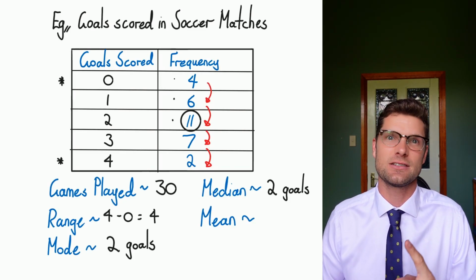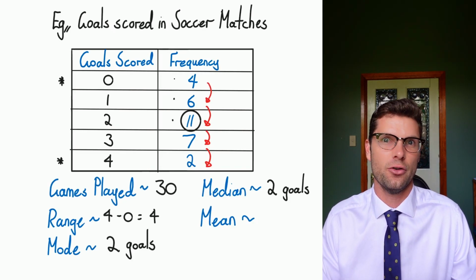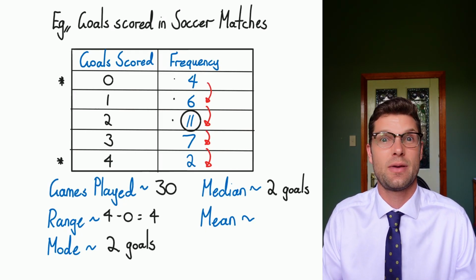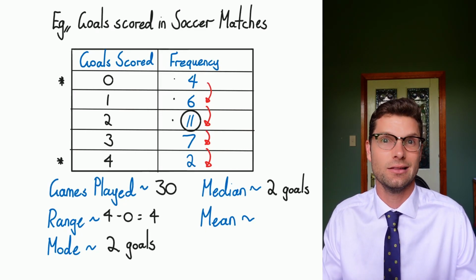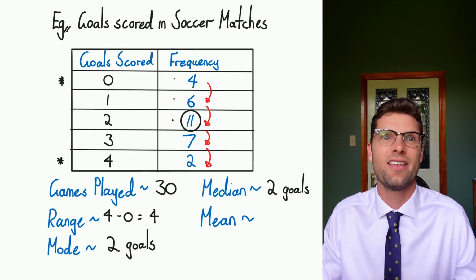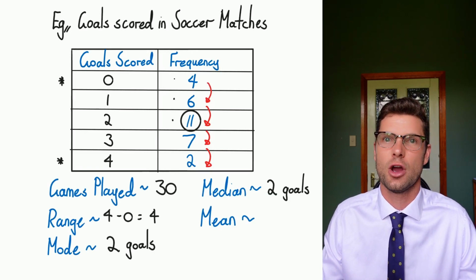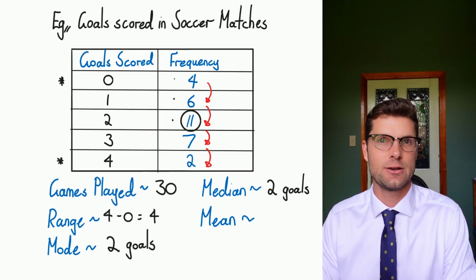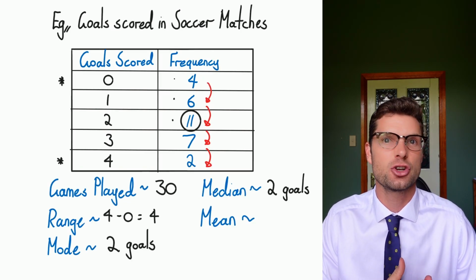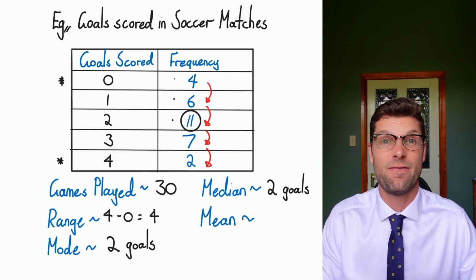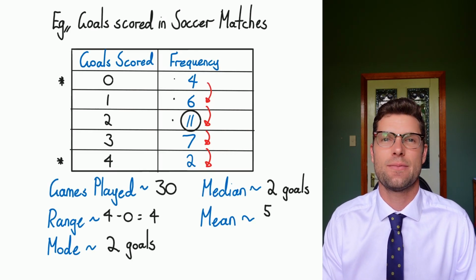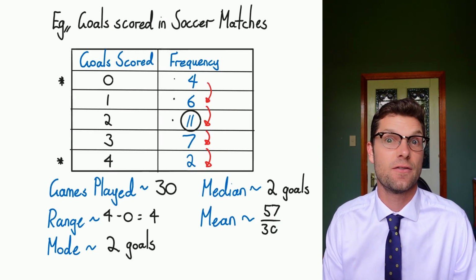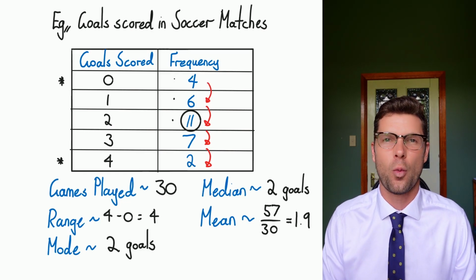For the 6 games I scored 1 goal, I'm at 6 goals. Then, as we talked about with the mode, 11 games where I scored 2, that's a total of 22 goals. So what you really have to do is multiply the score by the frequency. So the first one's 0, then 6, then 22, then 21, and then finally 8. If I added all those numbers together, I would have 57 divided by 30, which is equal to 1.9.